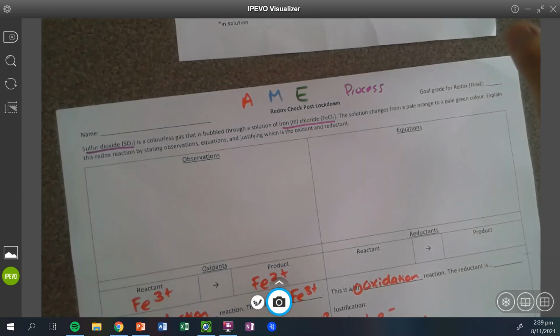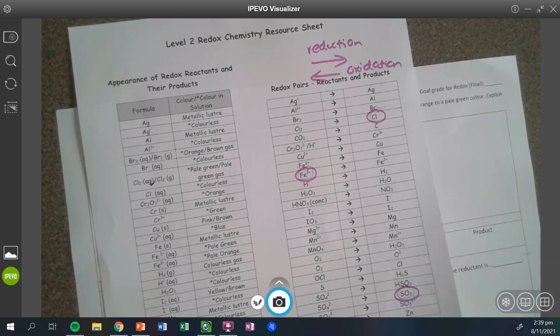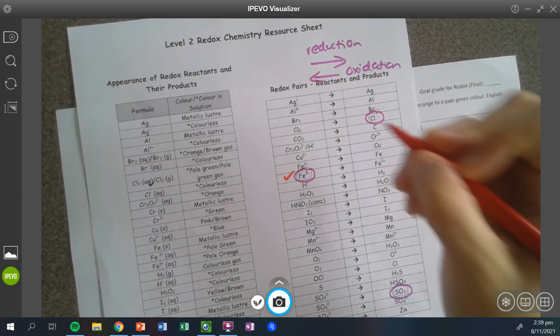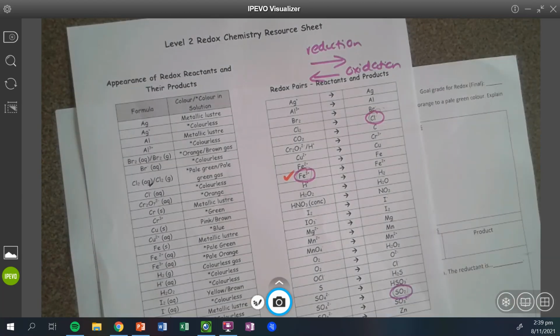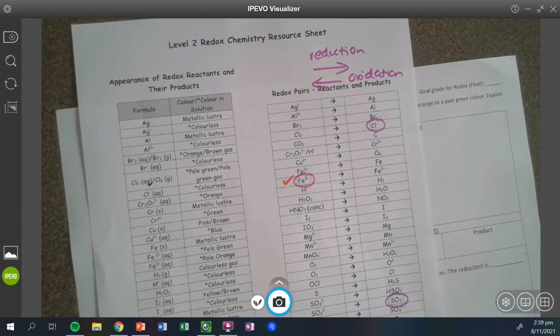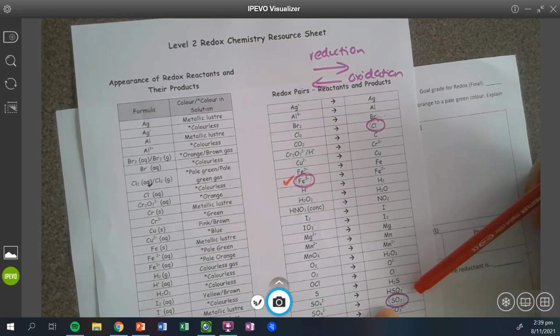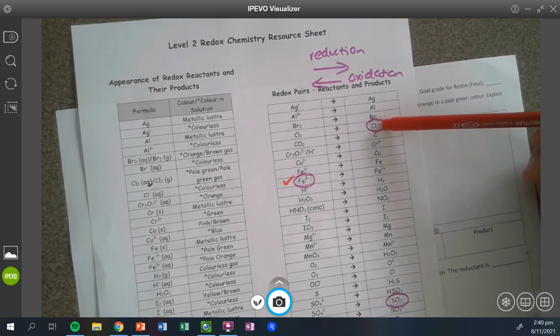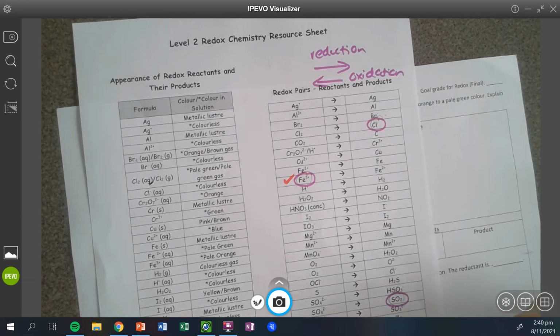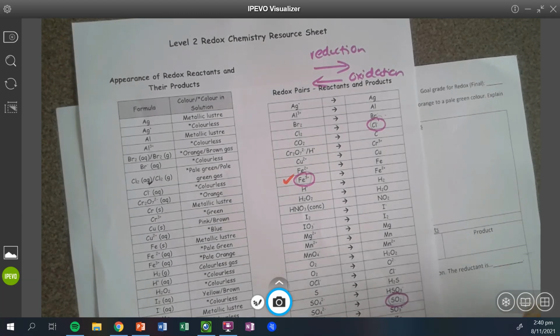All right. Now let's go back and look at that resource sheet. I already have my oxidant. Now I need to pick a reductant. I have these two as my choices. The one I'm going to take is the sulfur dioxide. The reason I'm taking this one instead of the chloride is because I need to take one from each reagent. Since I've already taken the iron 3, I can't use the chloride.